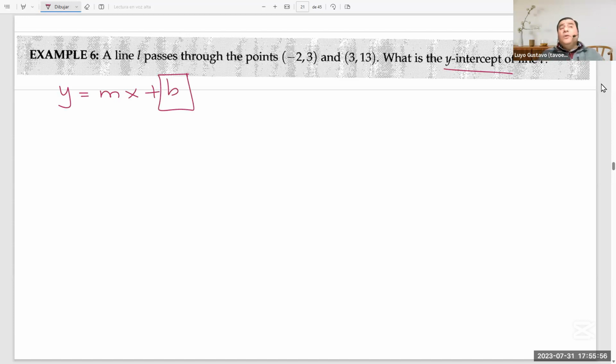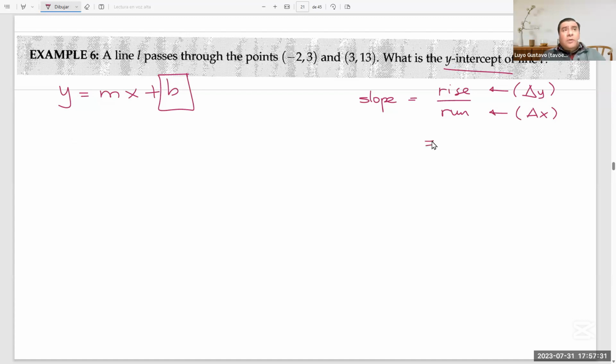Remember, if you have the coordinates of 2 points, the slope of the line passing through those 2 points is rise over run. What is rise? The difference of vertical coordinates. What is run? The difference of horizontal coordinates. Can we determine the slope here? Yes, we can.